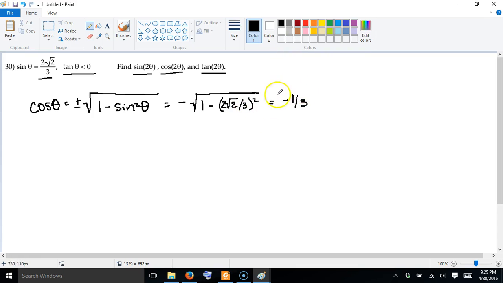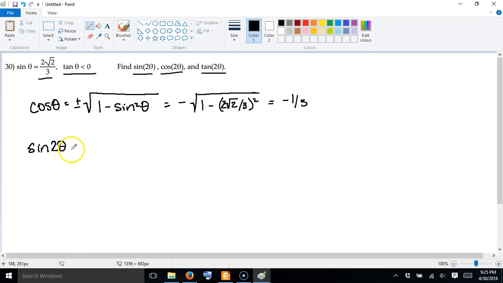Now use the fact that we know sine is 2 square root of 2 over 3, and cosine is negative 1/3. And plug into your double angle identities to figure out what they are equal to.